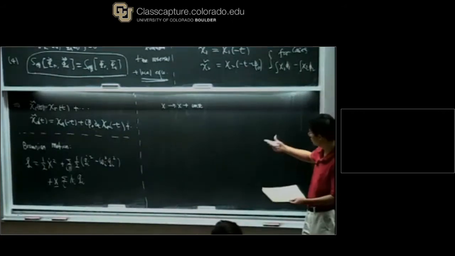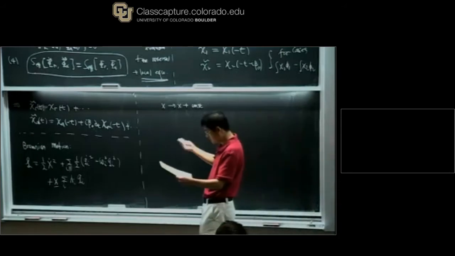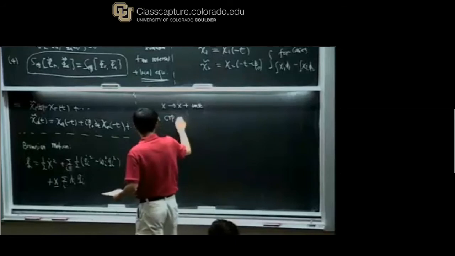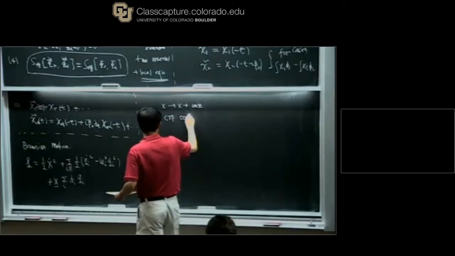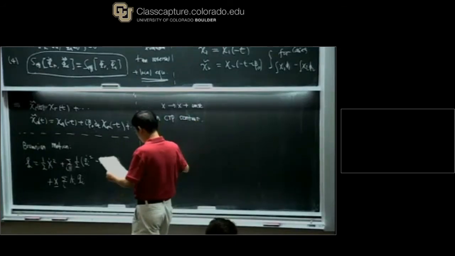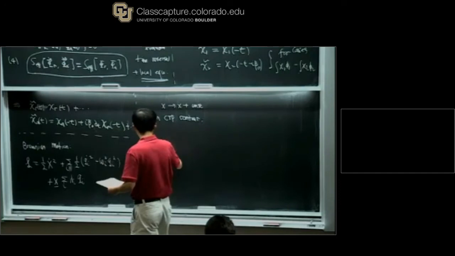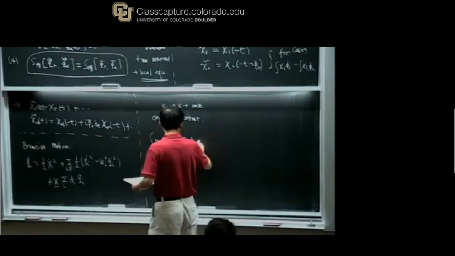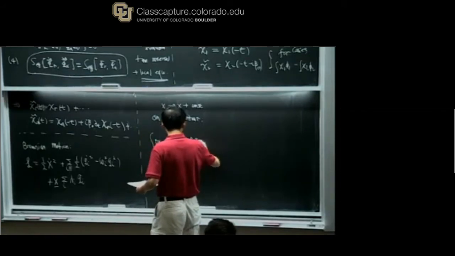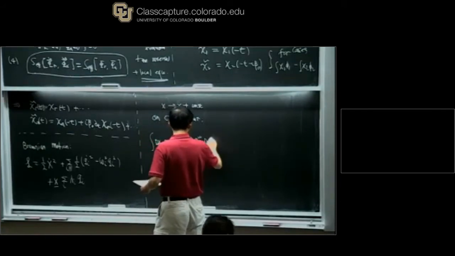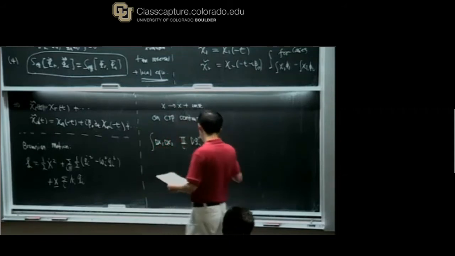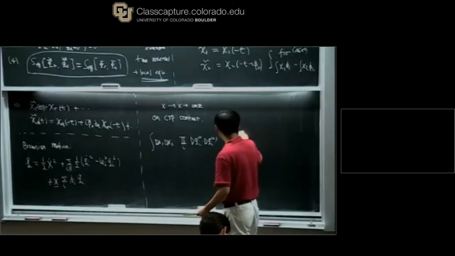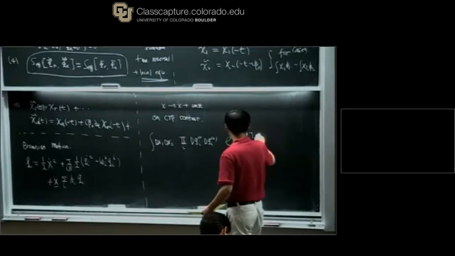And now let's try to put this on the double contour, the CTP contour. So you have dx1, dx2, dqi1, dqi2, everything becomes doubled, and then you have e to the iS1 minus iS2.